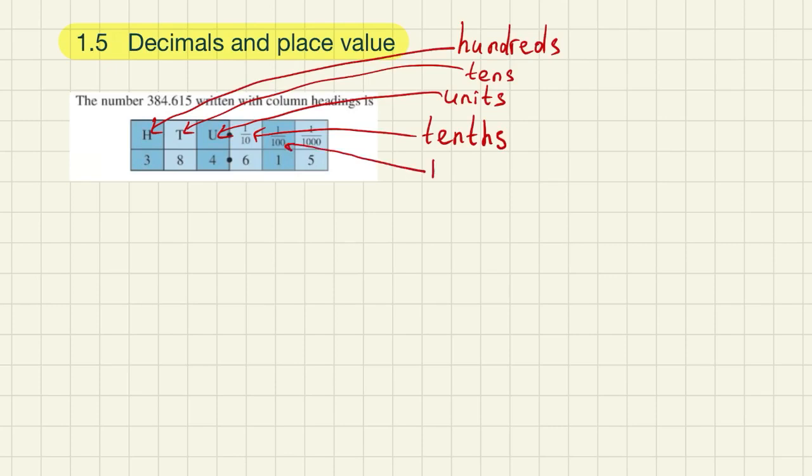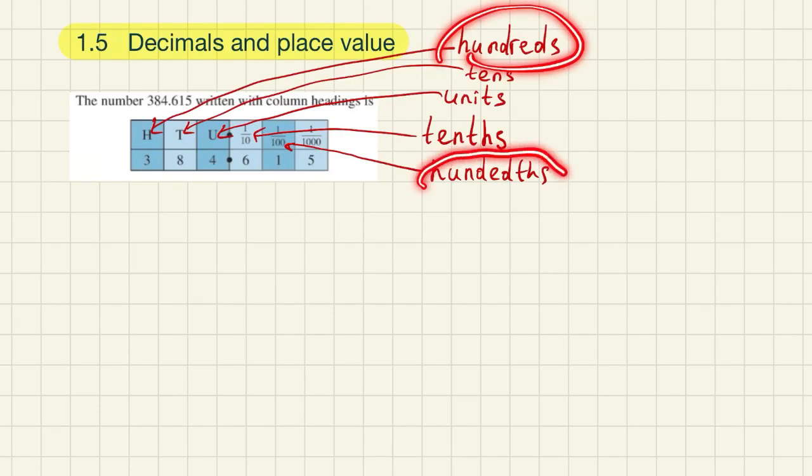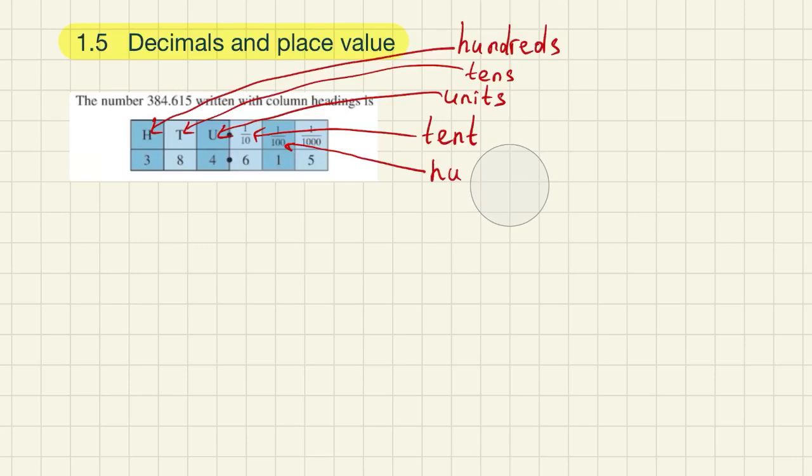This is what we call hundredths. It's like a 1/100th of something. So again, not the same as hundred. It's a different thing. Oh, sorry, I have a typo there.